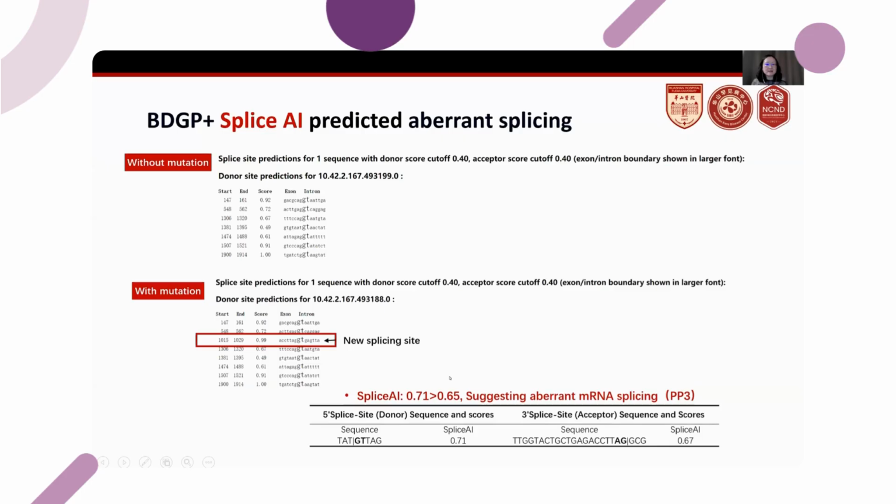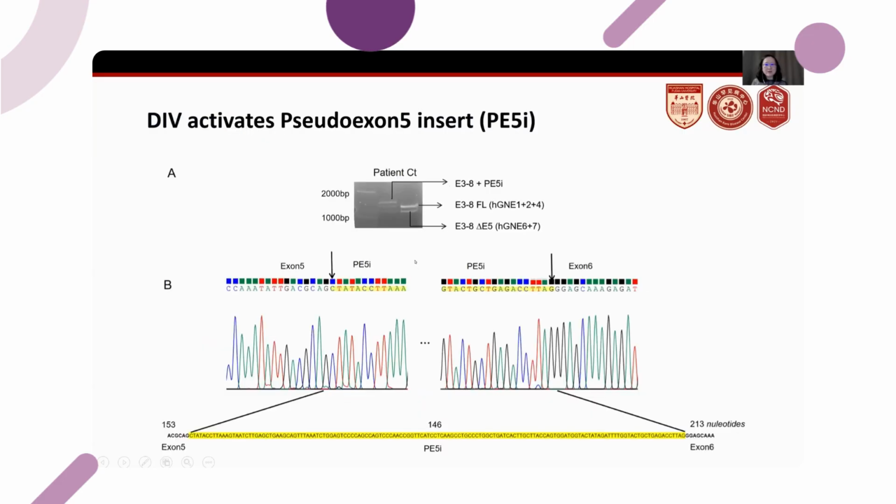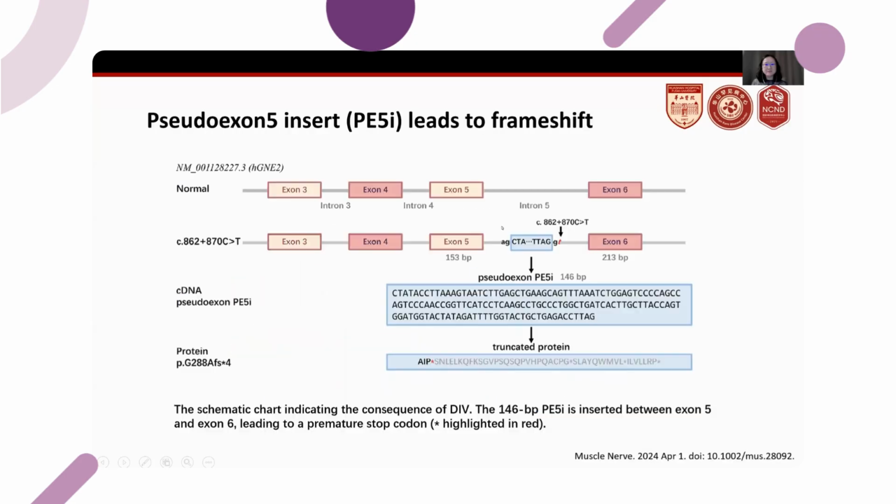BDGP, which is a software, and also SpliceAI predicted aberrant splicing of this deep intronic variant. We also performed PCR using muscle samples from this patient, and we do see an extra band with a 231 bp insertion.